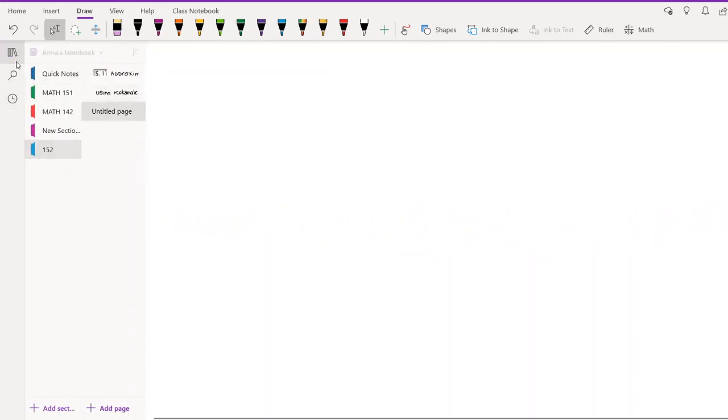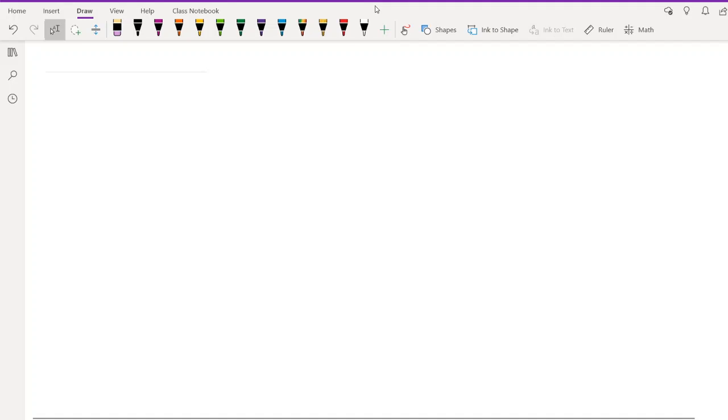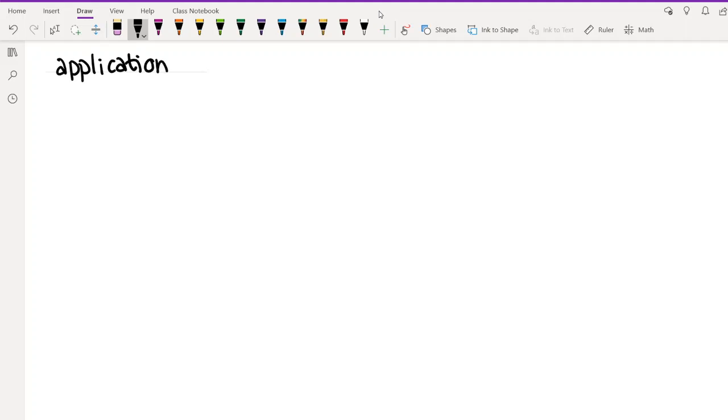So this next part that we're going to talk about is basically just an application of this idea of approximating areas. And this application is finding the distance traveled.